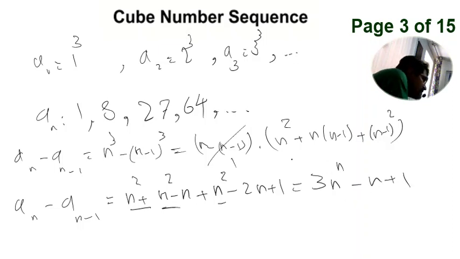Let me check. n square plus n square plus n square is 3n square, sorry, minus n minus 2n, that is minus 3n, sorry, plus 1.